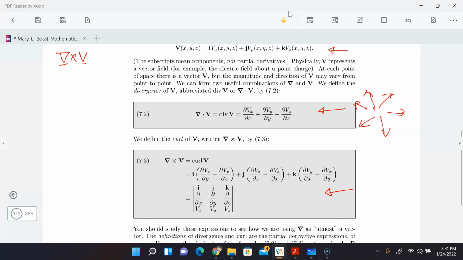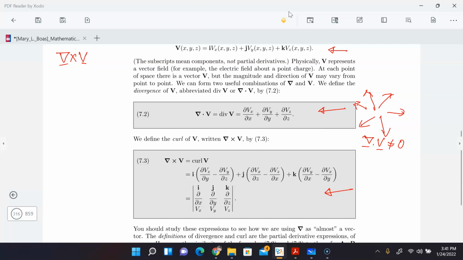This will be made clearer when you do integral theorems. For example, if the vectors are defined in this way at this point, then you see that your divergence of V will not be equal to 0.